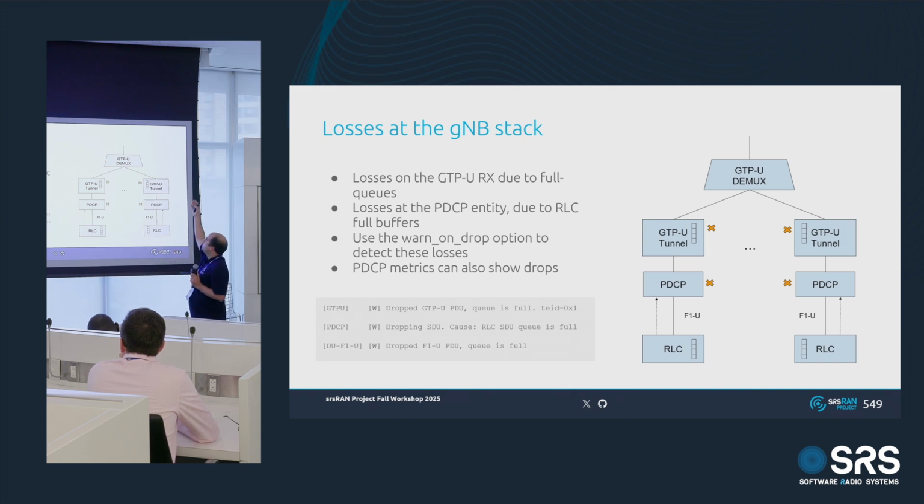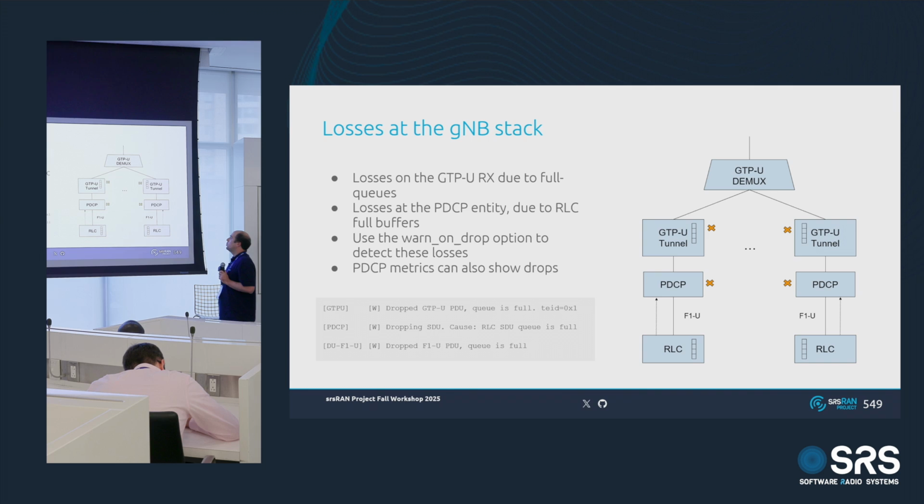When you receive a packet from the UDP, it will come through the GTPU demux, and it's put into a queue at the GTPU tunnel RX for later processing. This queue can fill up. So you have to watch out whether this queue is filling up, or if it's too big. If it's too big, it can also cause problems. So you have to watch out for this queue.